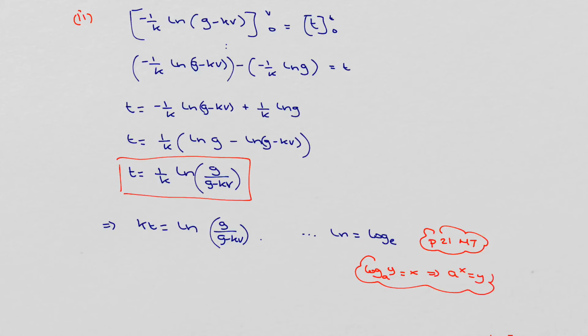It's really important to be able to change from logs to exponentials and back again. So this is going to become g over g minus kv is equal to e to the power of kt.